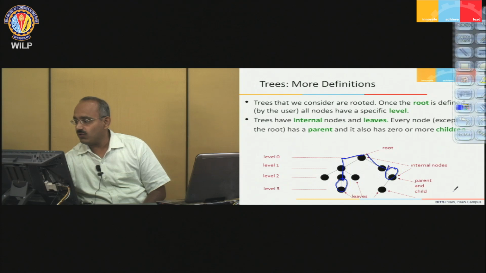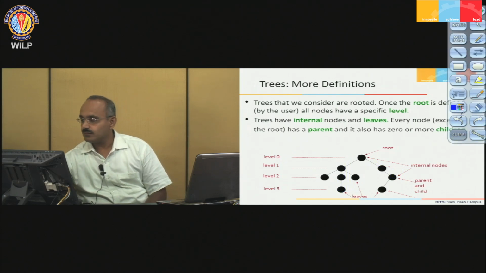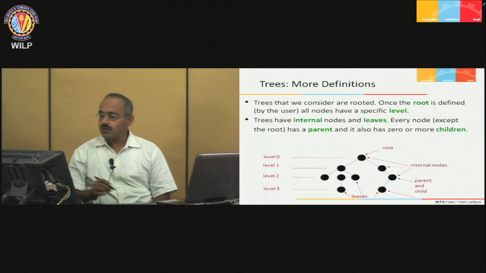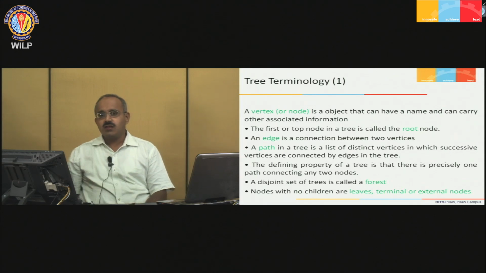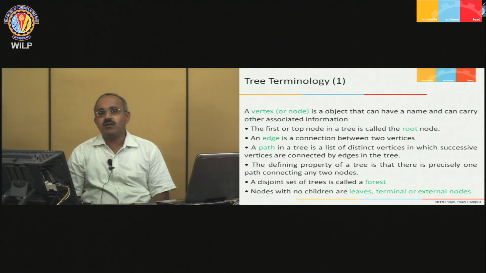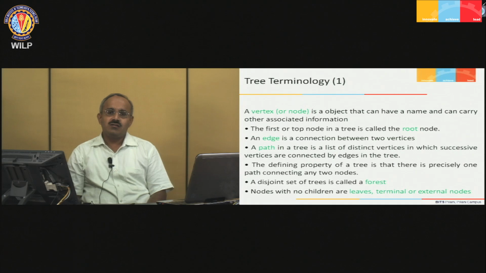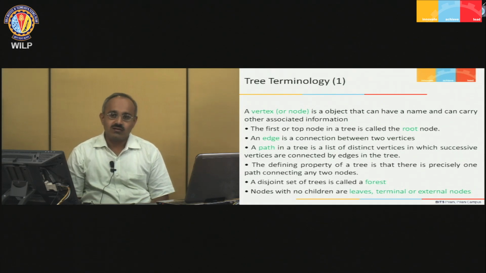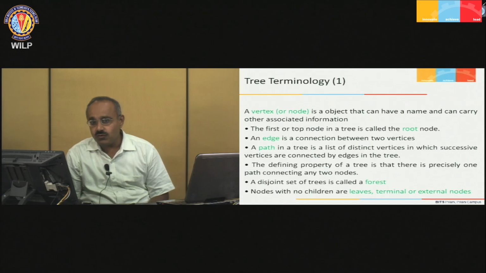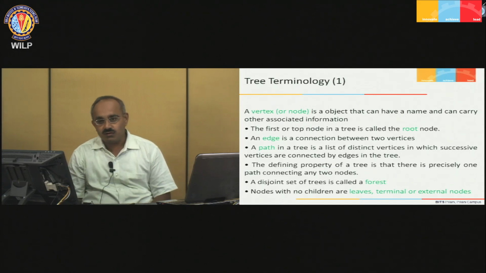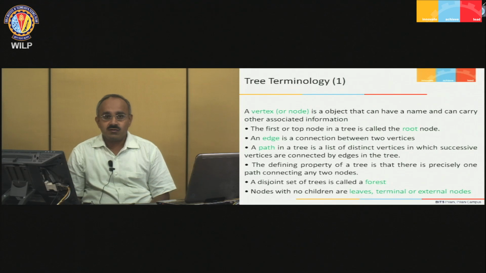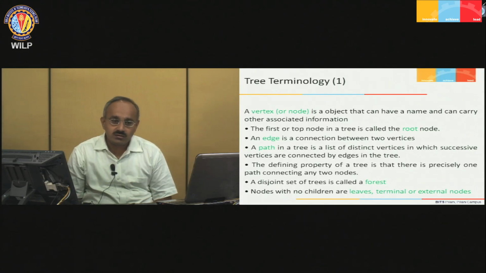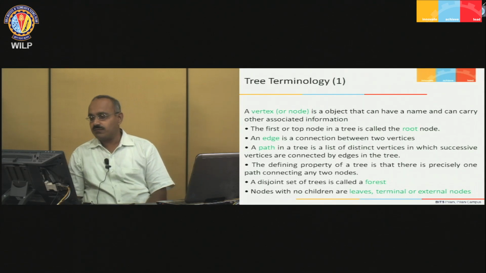Right. The key property is that there is a unique path between any two vertices. This also would mean that your tree does not allow cycles. Right. So something that we are going to define and use extensively as we add more restrictions on our trees.